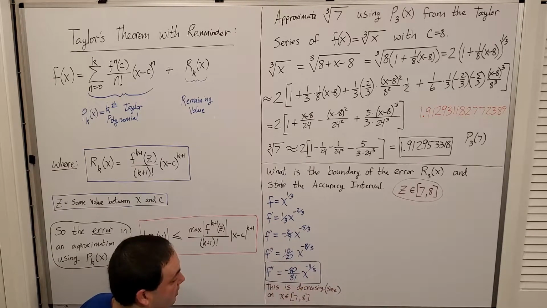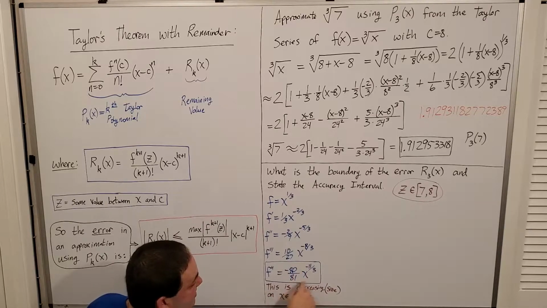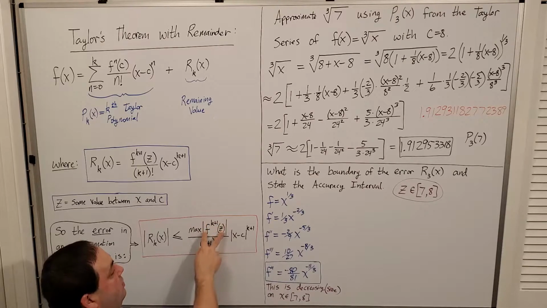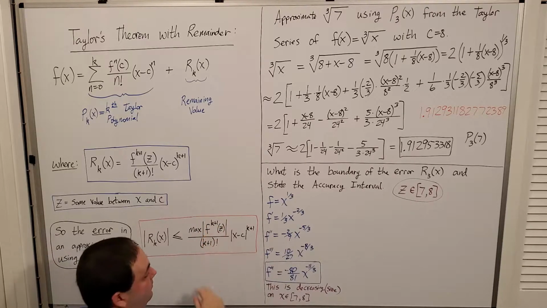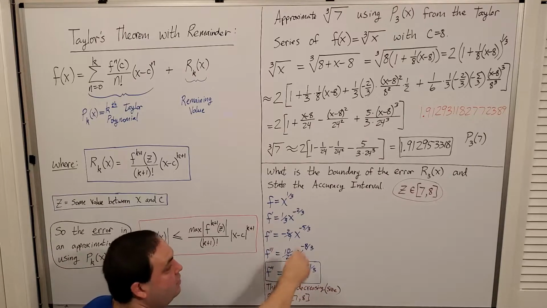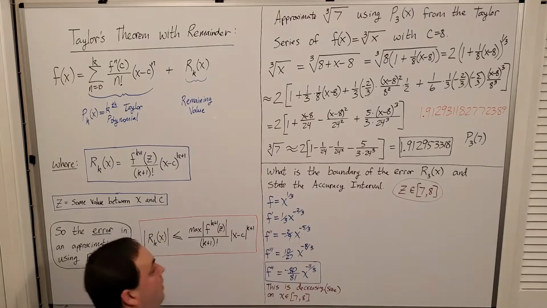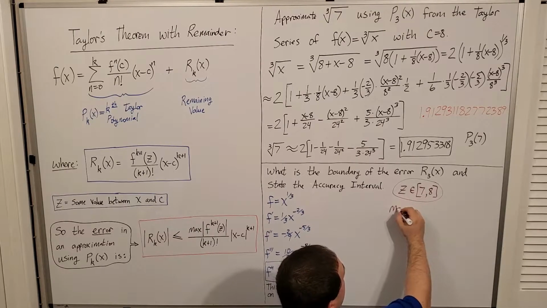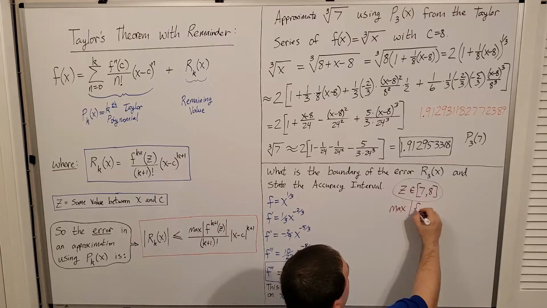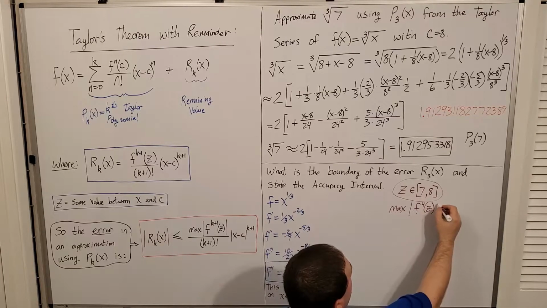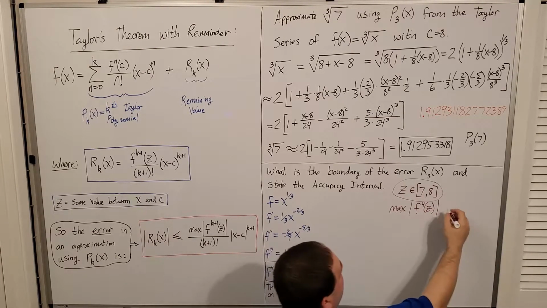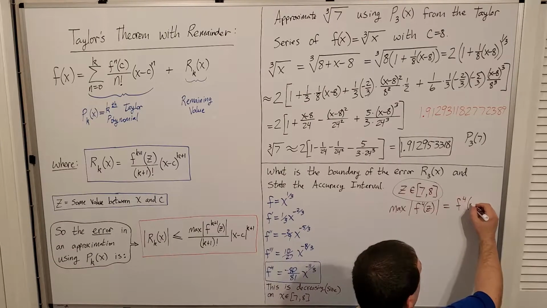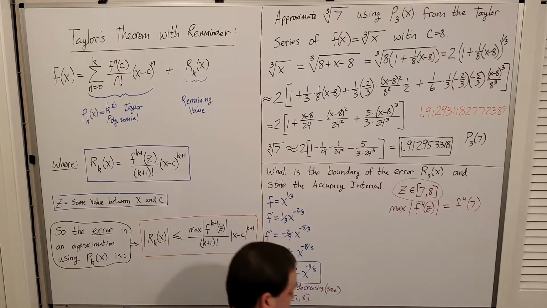If you want to look at the listing of the terms. But it's decreasing in size, so just ignore the negative, because remember, I'm interested in the absolute value of the derivative here, okay? So I don't care what my actual z value is. The max possible of the 4th derivative of f evaluated at any z is going to be equal to the 4th derivative of f evaluated at 7, okay?